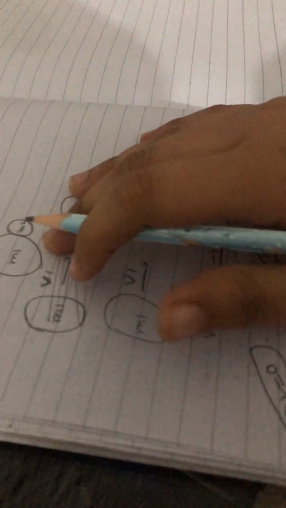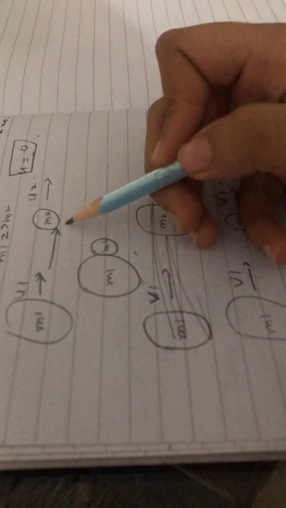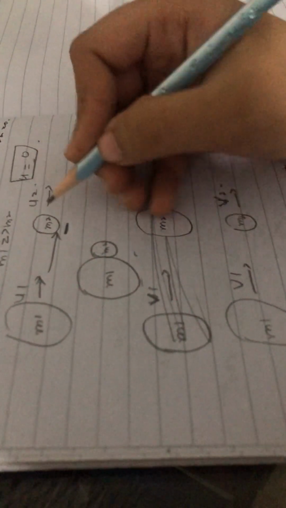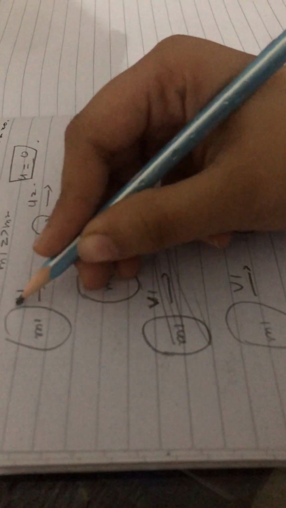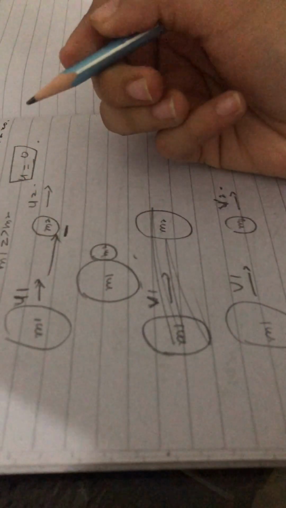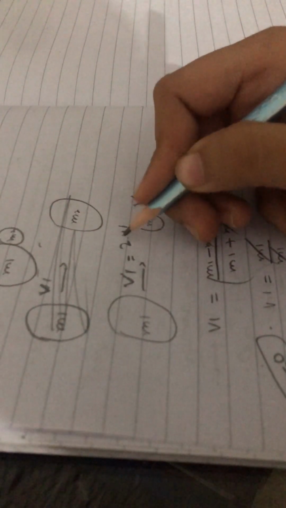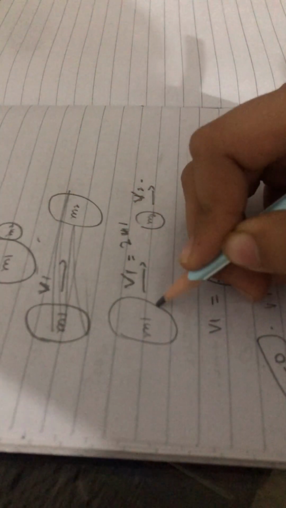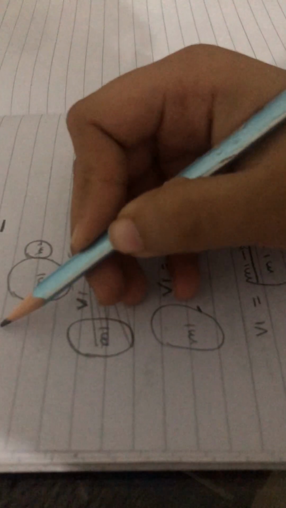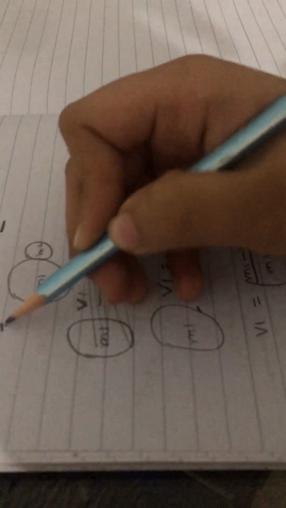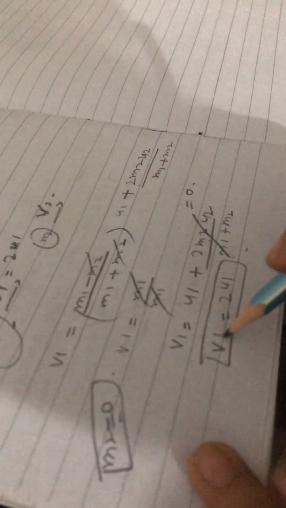Now what is the result? When a massive body collides with a lighter body, the velocity of the massive body v1 will be equal to 2u1. So that was case 4.